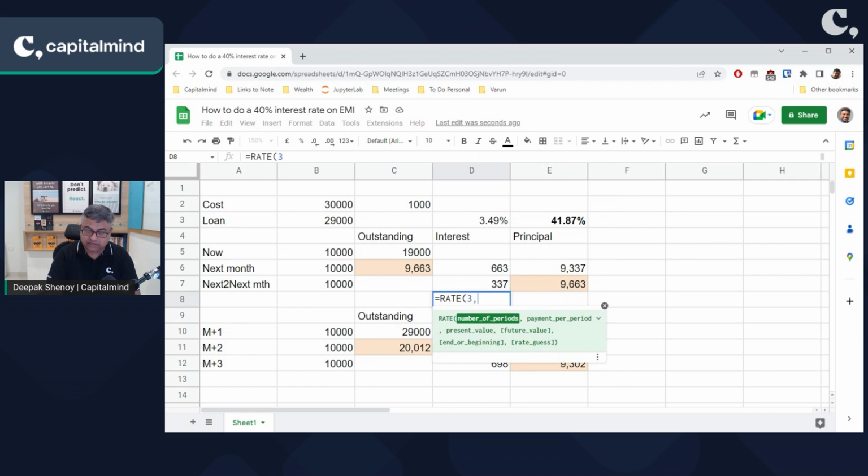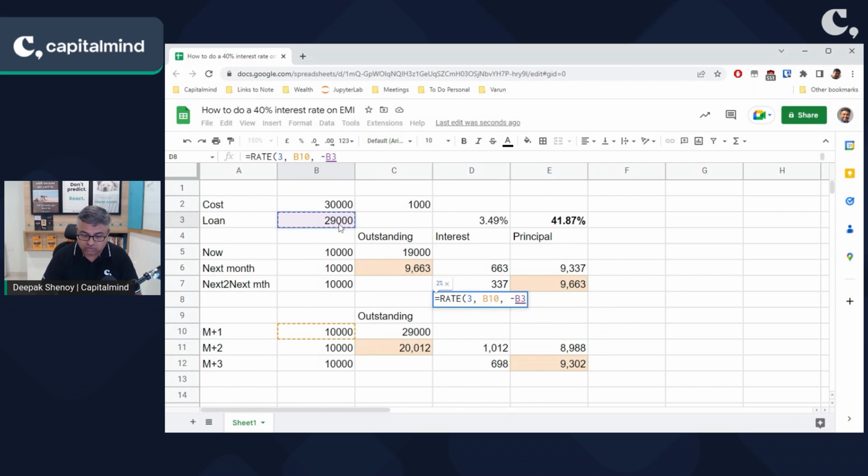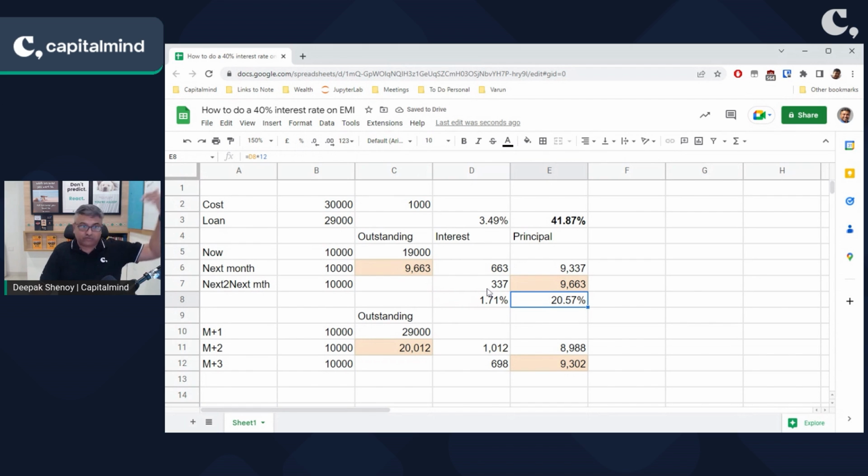That means I'm not going to pay this month. 3, payment per period is 10,000 rupees and the outstanding is minus 29,000 rupees. Just to give you an example, this percentage is 1.7% per month, which is equal to 20.5% per year. It's still a lot, but it's not as much as 40%.